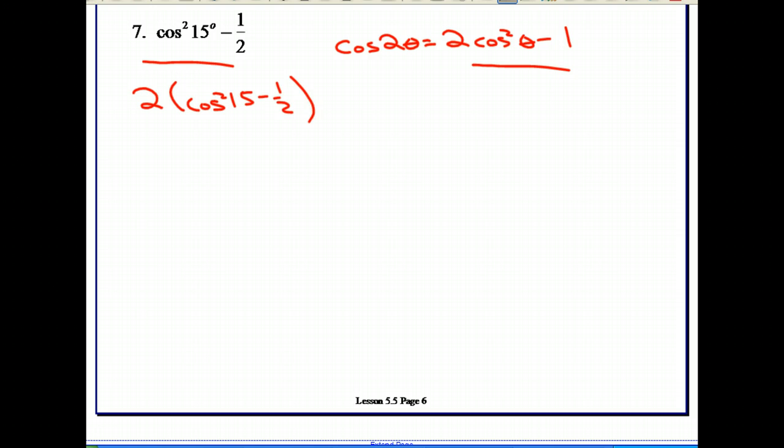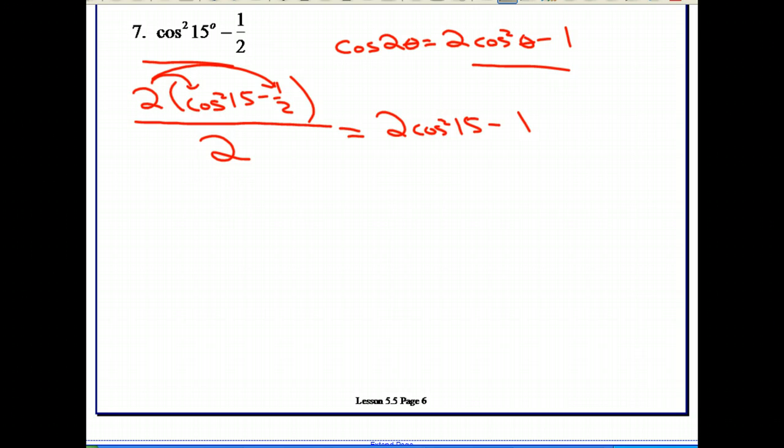And again, if you're going to do that, you've changed things, so I'll also divide the bottom by 2, and that will all work out. Distribute on the top, and I get 2 cosine squared of 15 minus 1. That looks good, all over 2.